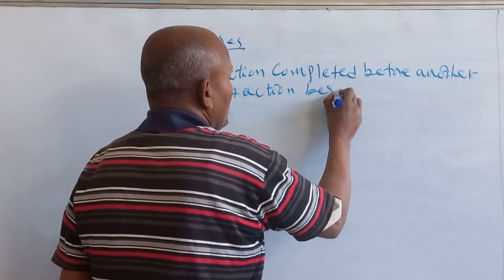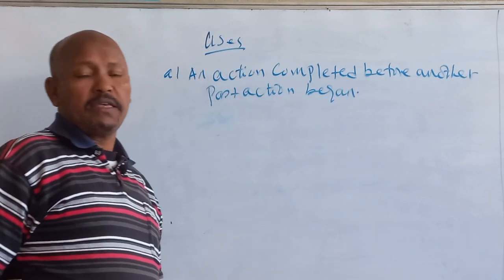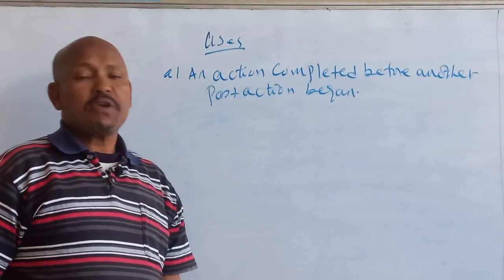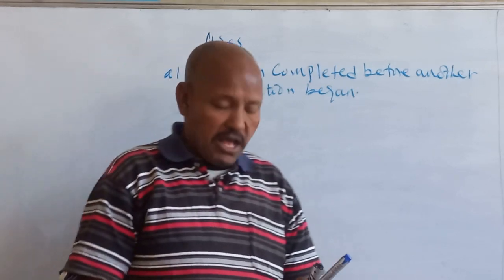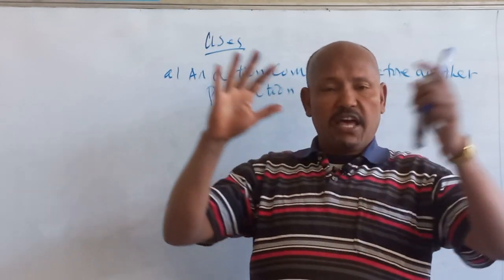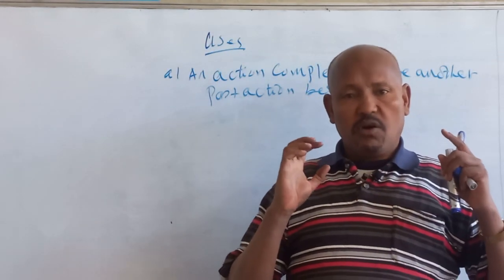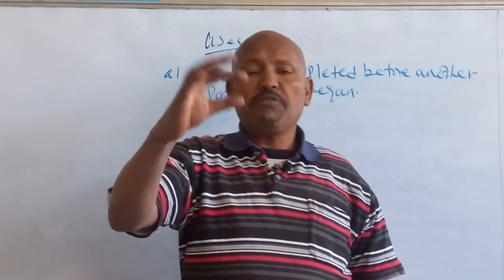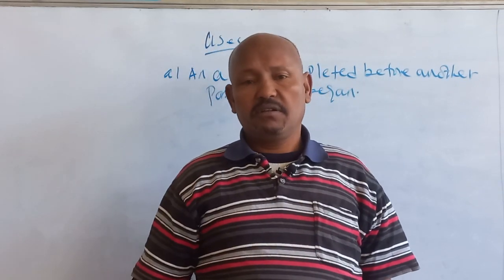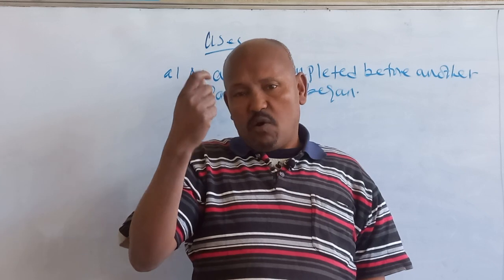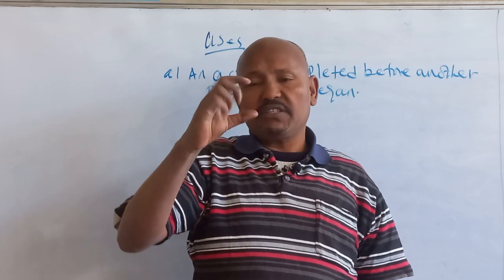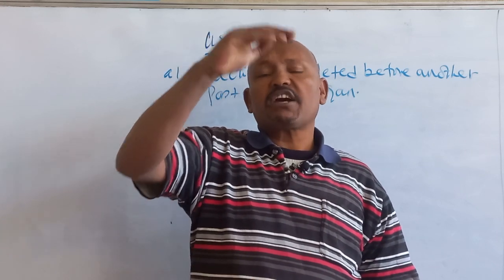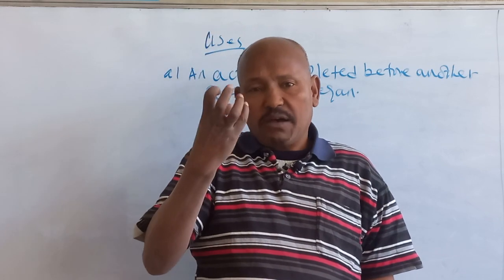Very interesting. This is the first use. We consider two different events: an action had completed, or had already completed, before another past action began. We use this tense when the first action is completed before the second action begins.